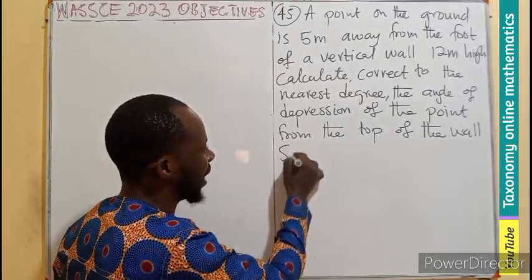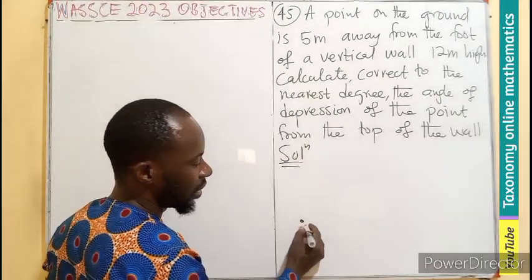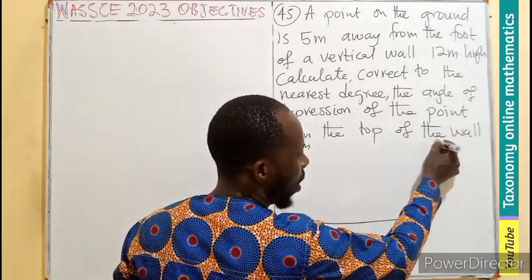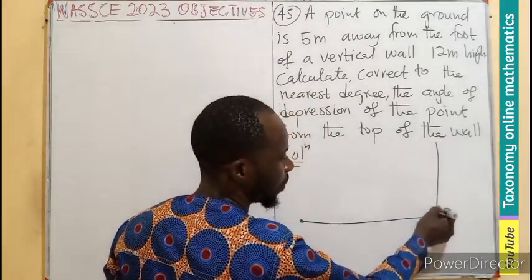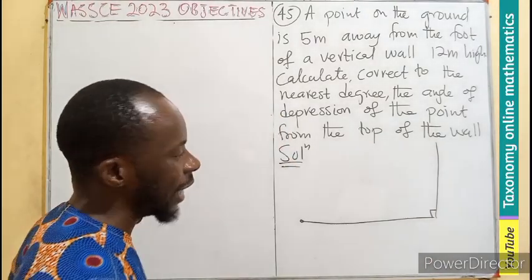So we can make a sketch of this. If this is the point, then on the same horizontal level, the wall is going to be something like this, vertical to the ground, so it will be perpendicular there.